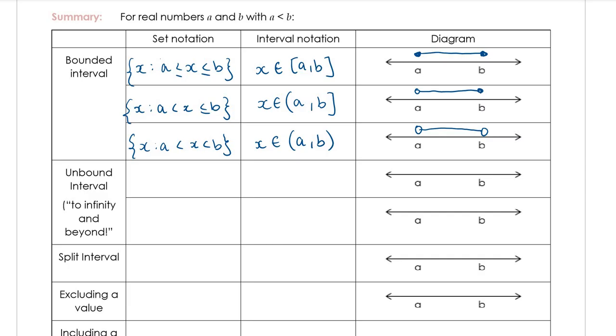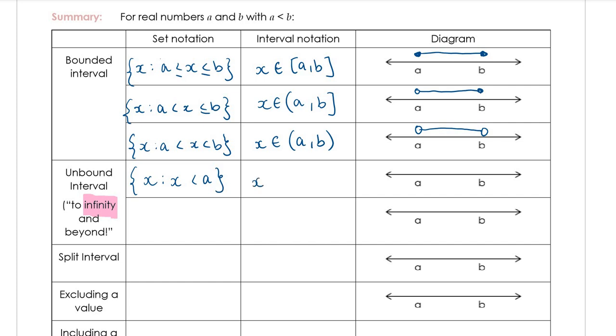Now, we can also have an unbound interval where we say, okay, well, x is greater than this number or it's less than this number, but I don't have a defined endpoint on the other end. And in this case, we use the symbol for infinity to denote that. So, for example, I'm going to say, well, x is a part of this set where it's less than a.